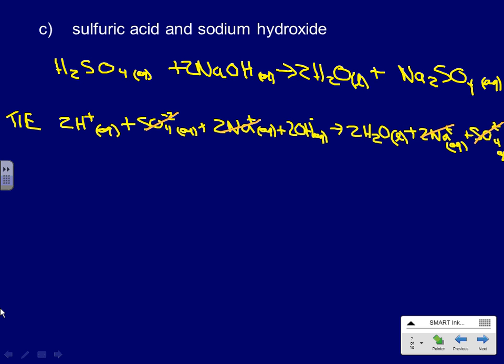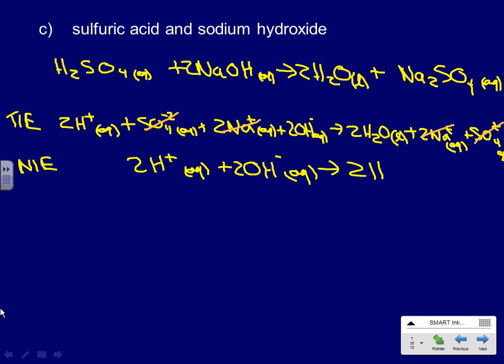H plus aqueous, OH minus aqueous, H2O liquid, those are different things. We write that down. Net ionic equation: 2H plus aqueous plus 2OH minus aqueous to produce 2H2O liquid. All right?